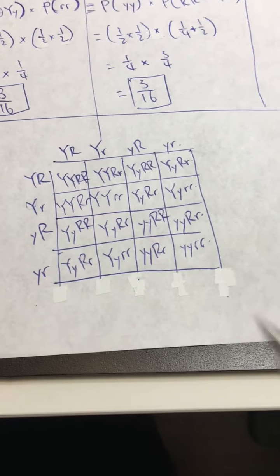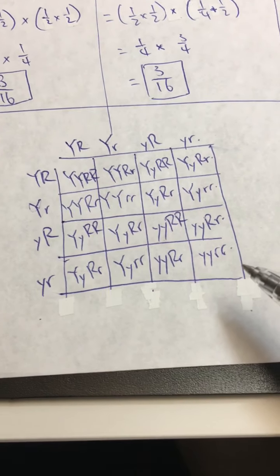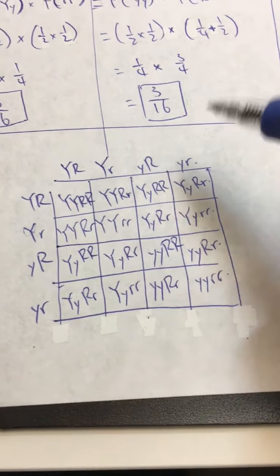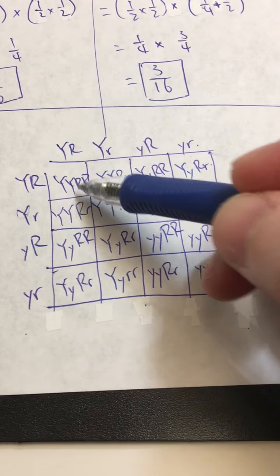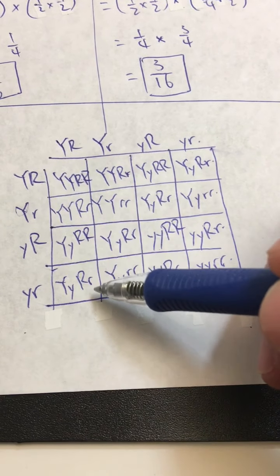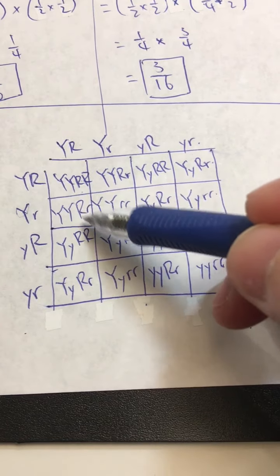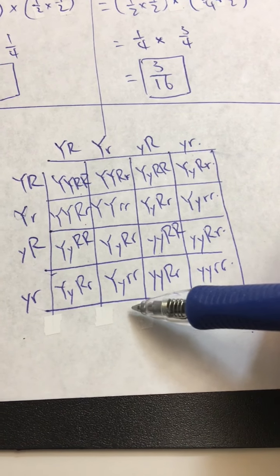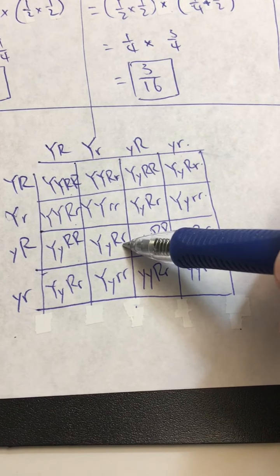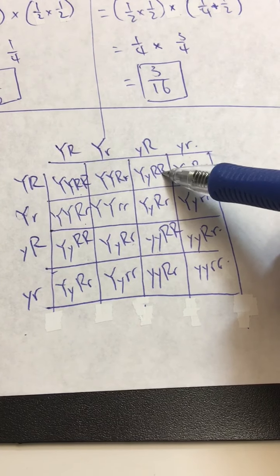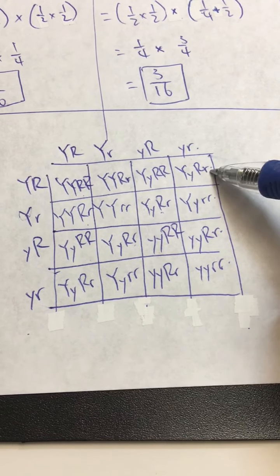I can't see this table clearly, but it seems easy enough to count the Punnett square. But realize that on the test you will be drawing your own Punnett square, and then you have to go over and figure out which ones are yellow and round. That's 1, 2, 3, 4, 5, 6, 7, 8, and 9.